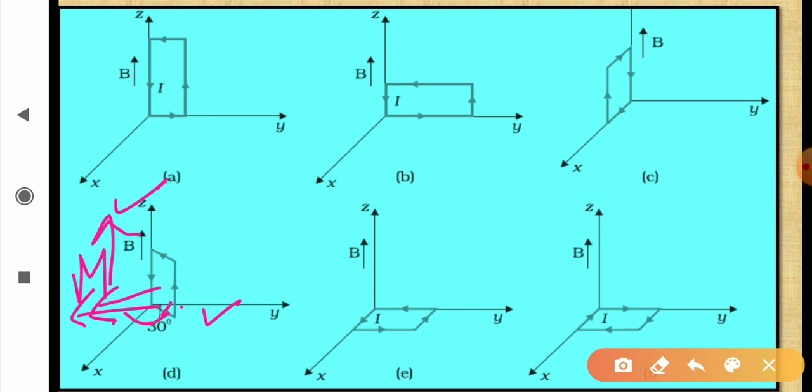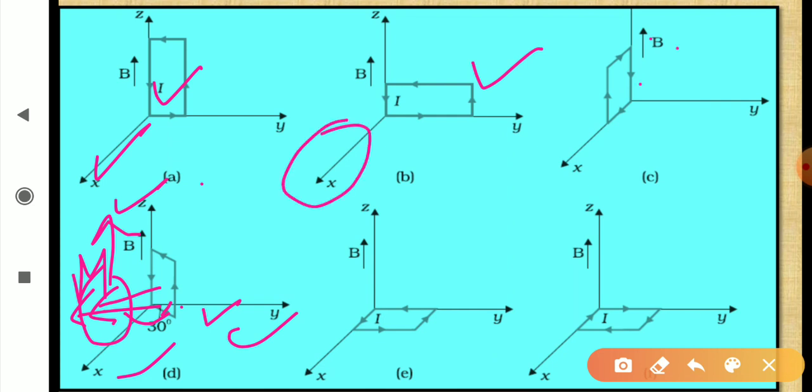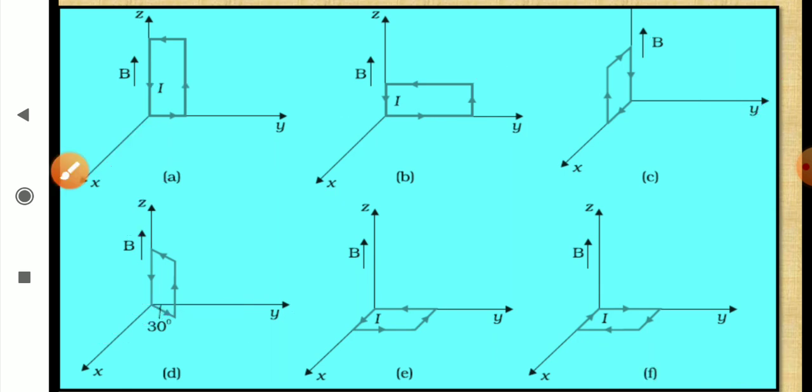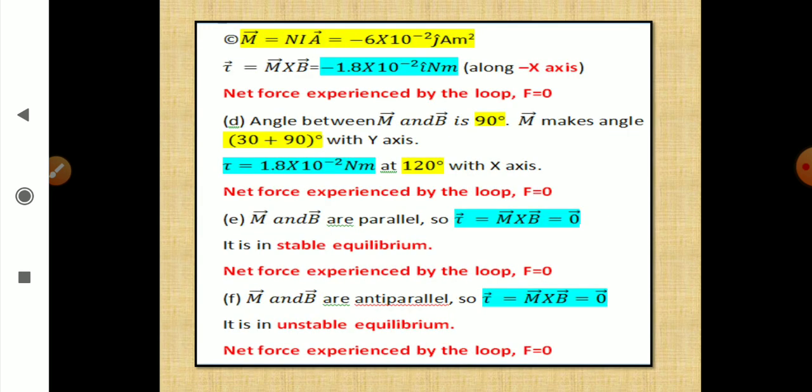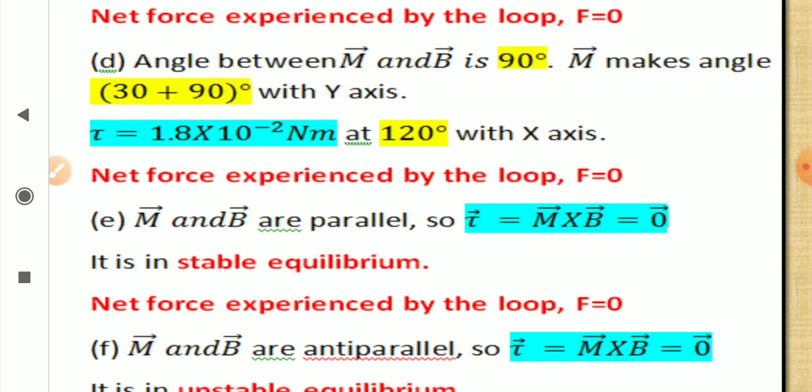You can see that the angle between, because this M will be in the xy plane only. So B and M are perpendicular to each other, but in this case M was along the x-axis, in this case it was along this axis, in this case M was along the y-axis, but here the direction is changed by 30 plus 90 degrees. So now look at the relation here.